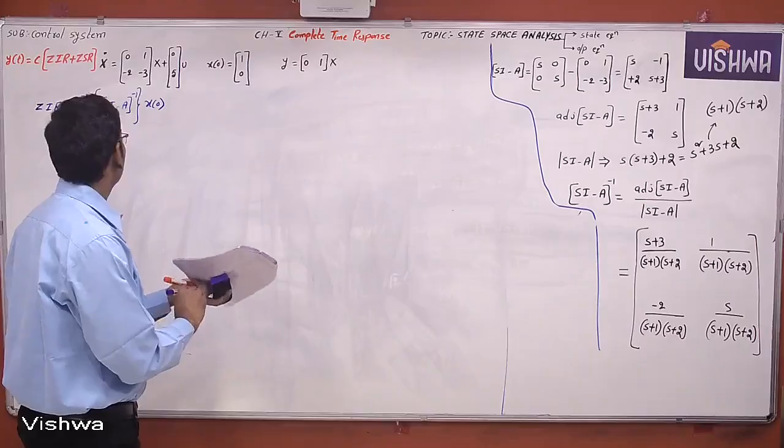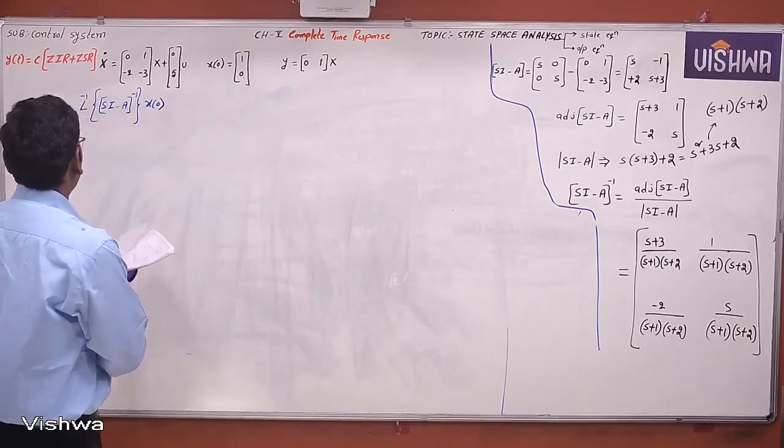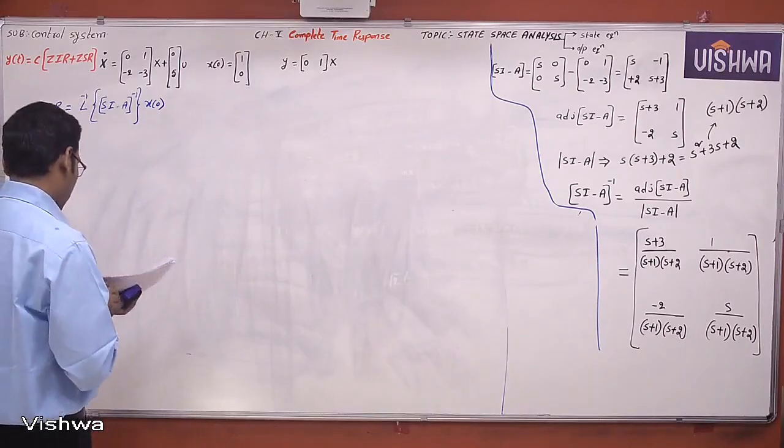Now this sI minus A matrix inverse is multiplied with x of 0.